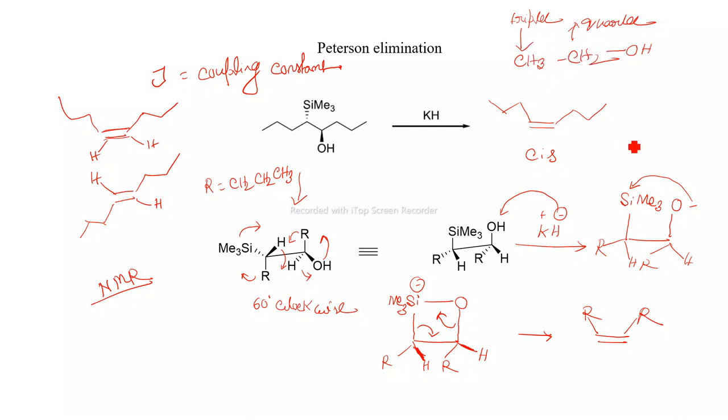So the coupling constant is basically how these two are talking. The triplet is 1:2:1. The gap between these peaks is called the coupling constant. The significance of the coupling constant is how much they are talking. If the coupling constant is high, that means they are talking very much.